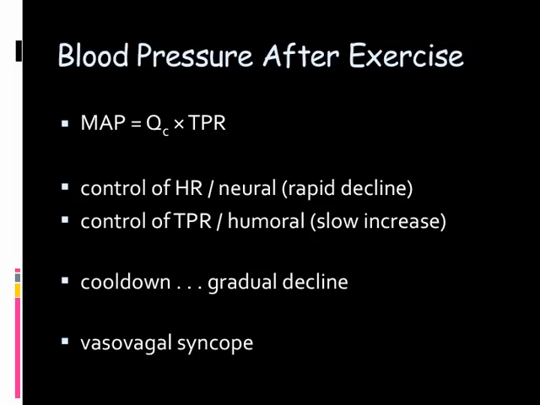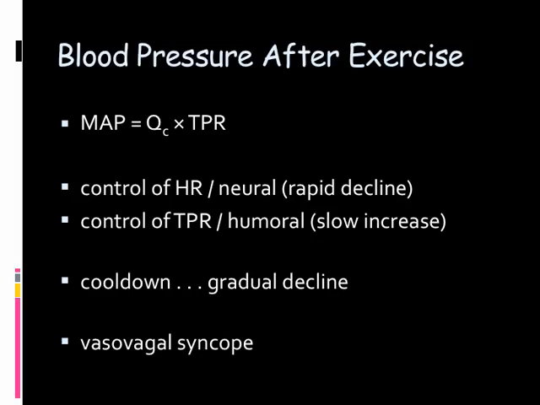If you look for a second at what I've written here, the control of heart rate, or if you will, the control of cardiac output in exercise is neural. And really, although it does say heart rate there, think cardiac output. The control of cardiac output is neural, sympathetic, parasympathetic.